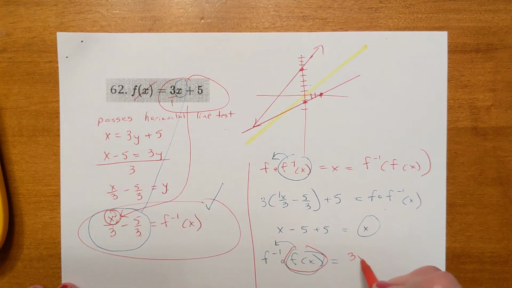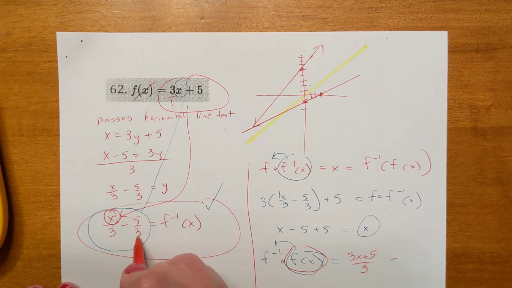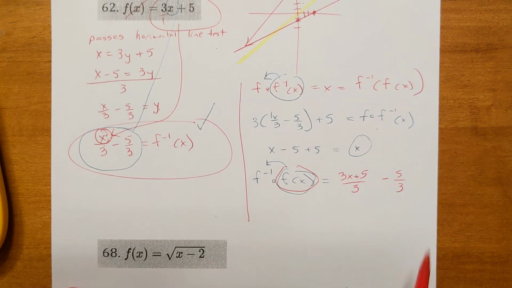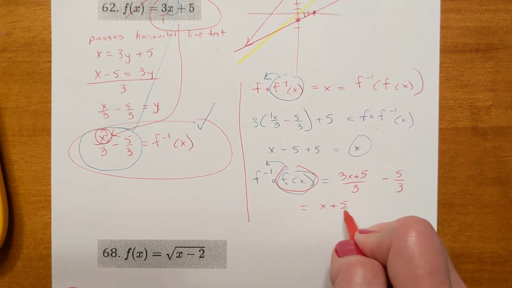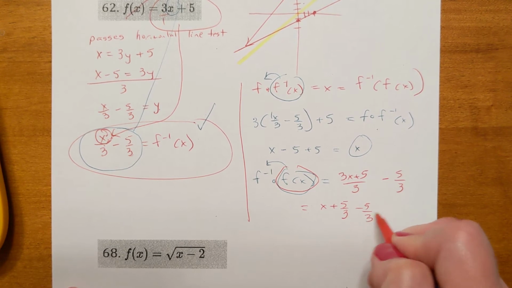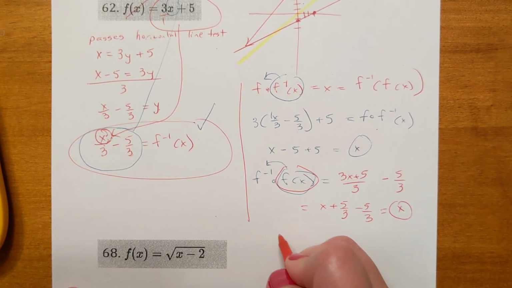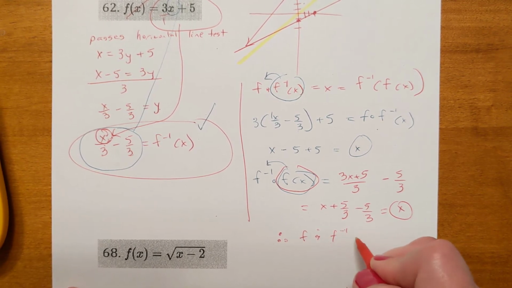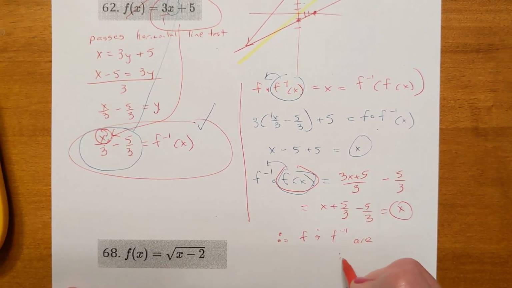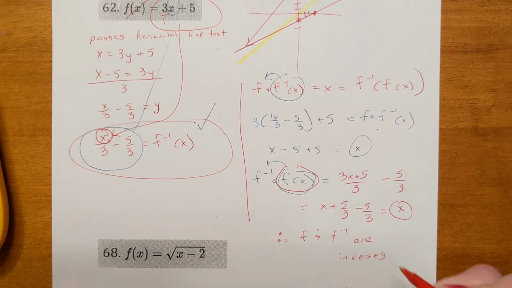So that becomes 3x plus 5 over 3 minus 5/3. So dividing those both by 3, we've got x plus 5/3 minus 5/3, which equals x. Therefore, f and f inverse are inverses, because we just proved it mathematically.